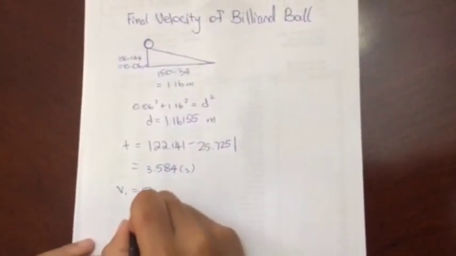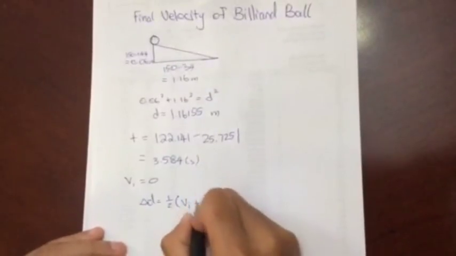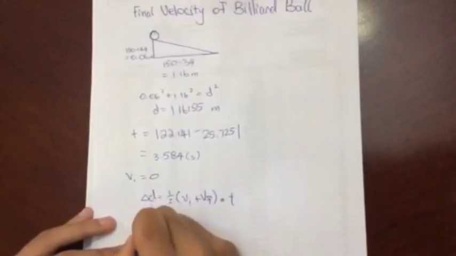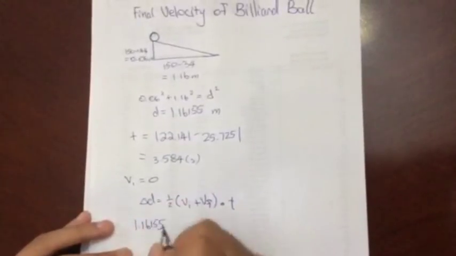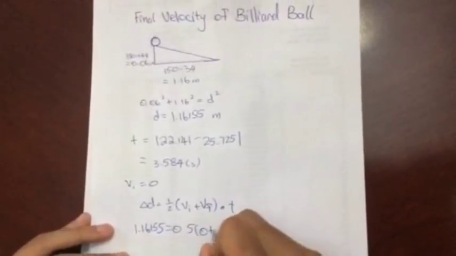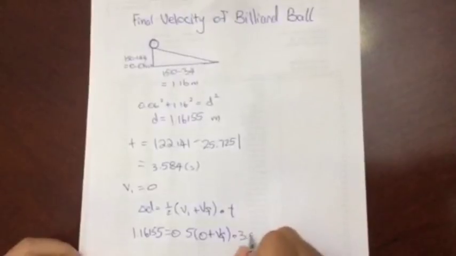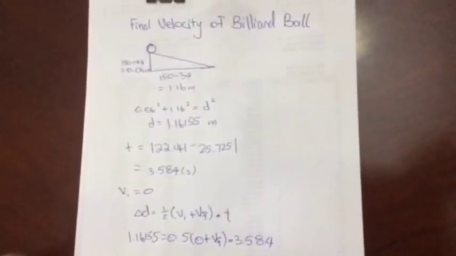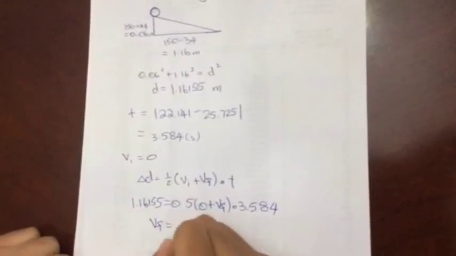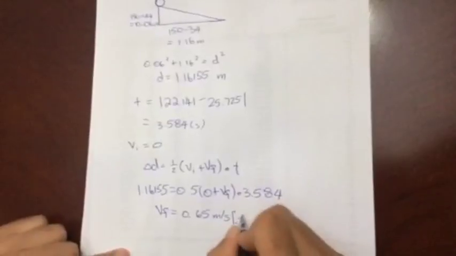And the formula I will use is delta D equals 1/2 bracket VI plus final velocity times T. Subbing in the numbers, I would have 1.16155 equals 0.5 times 0 plus final velocity, which is what we're trying to get, multiplied by 3.584. In solving for velocity final, I would get 0.65 meters per second forward.